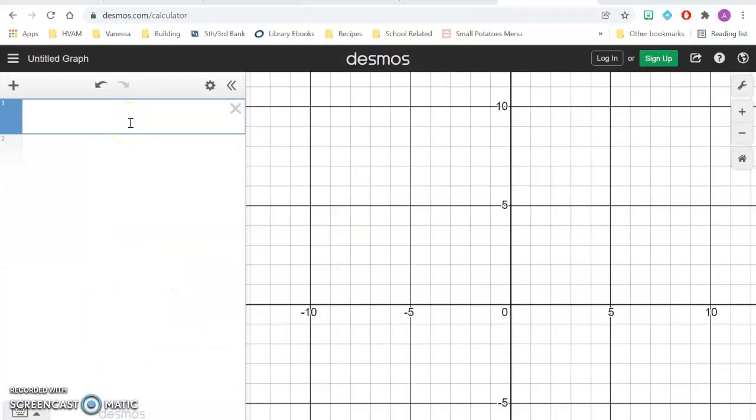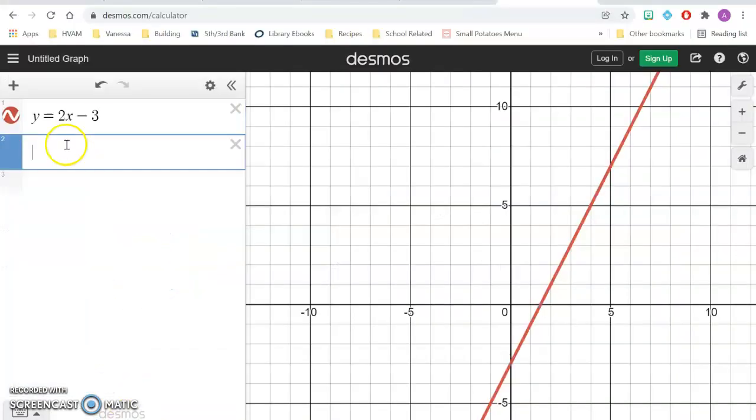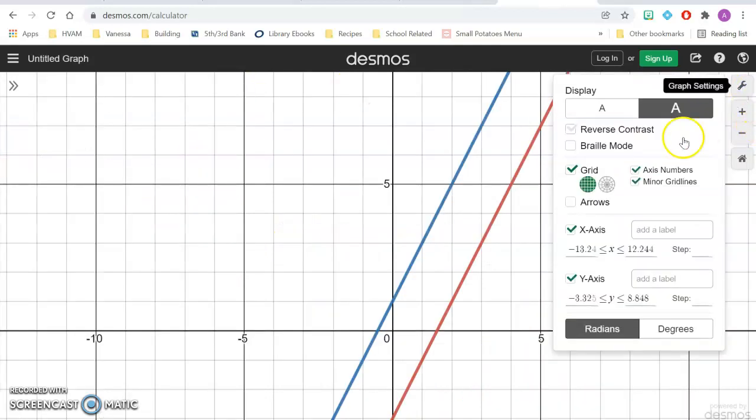Alright, now that we're on Desmos, we're going to do y equals 2x minus 3, and we're going to flip back real quick to see what our other equation was, negative 4x plus 2y equals 2. And the nice thing about Desmos is that you don't have to convert anything.